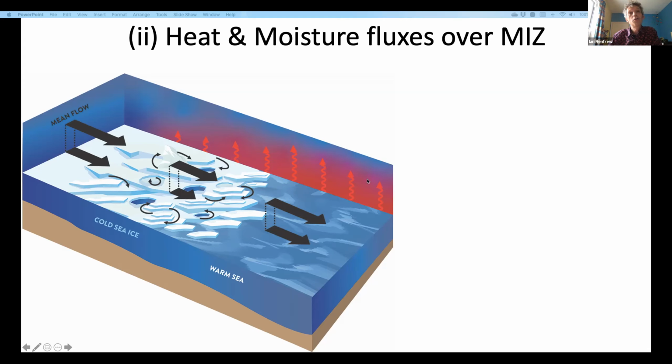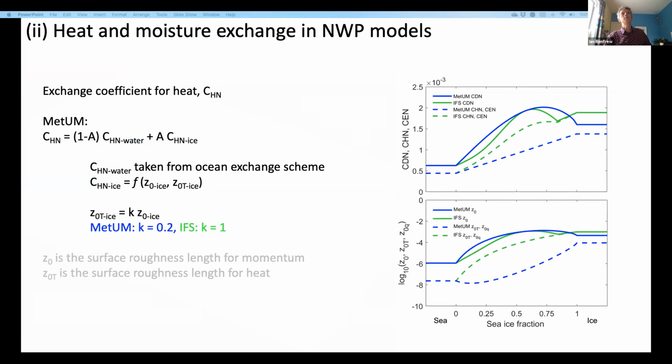But the exact functional form of the heat and moisture exchange across the marginal ice zone is not very well known or quantified, and the way it's dealt with in numerical models is relatively primitive at the moment.